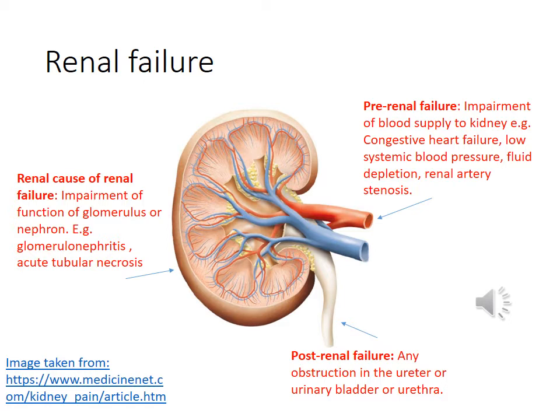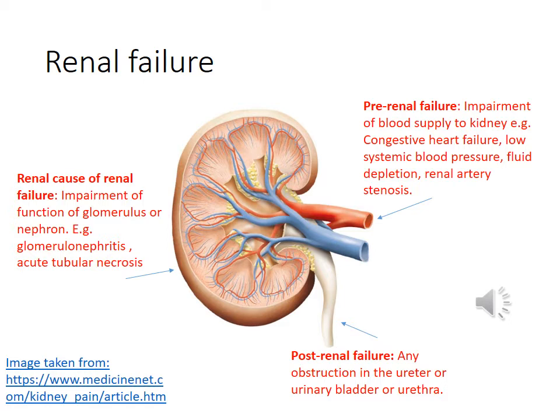Third cause of renal failure, post-renal failure. Post-renal failure means any disease which affects the urinary tract or the outflow tract. What is this tract called? Ureter, urinary bladder and urethra. If there is any physical obstruction of ureter or the bladder or the urethra, urine will not be excreted and then the renal function will be affected. What can cause obstruction?